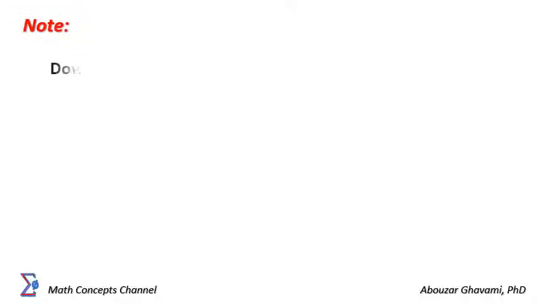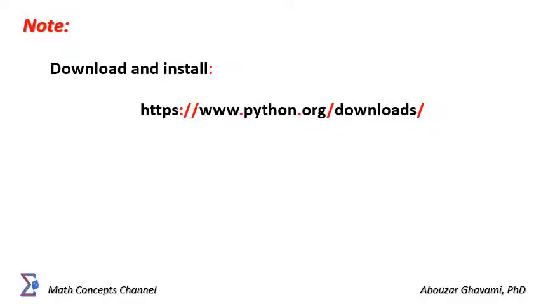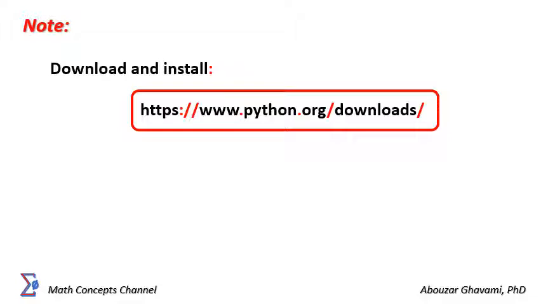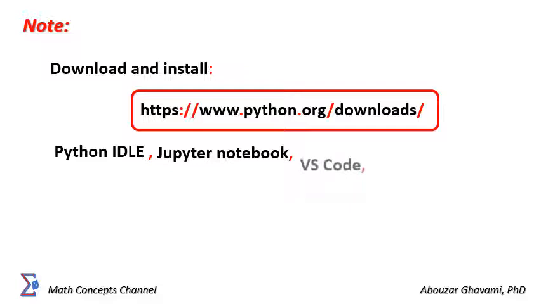Note that you can download and install Python from its original website at www.python.org/downloads. Then you can use Python's default IDLE or install other Python editors such as Jupyter Notebook or Visual Studio Code to write and compile your Python code.